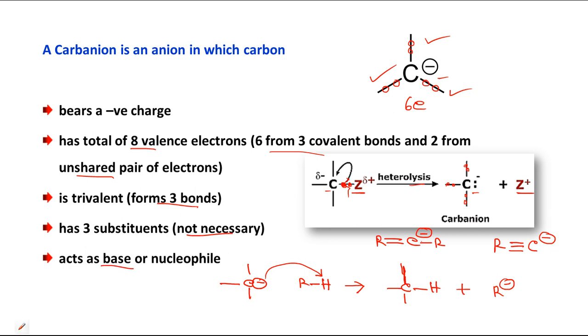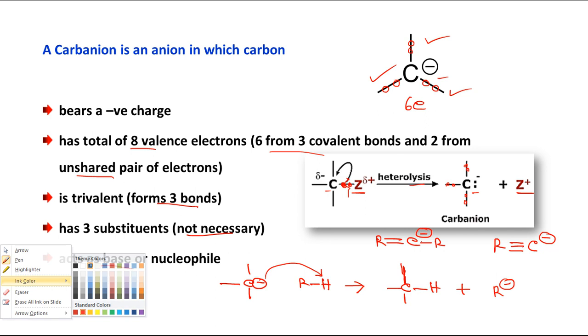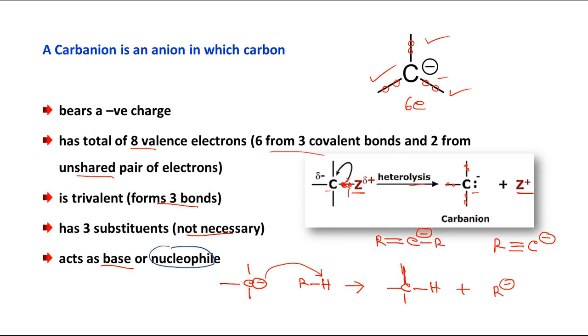But it can also act as a nucleophile. This term nucleophile we mostly use in organic chemistry. What is the difference between base and nucleophile? Base means the negative charge over carbon is attacking a proton. But suppose instead of attacking a proton, it is attacking some electron deficient atom, suppose I am writing here a positive charge over carbon.